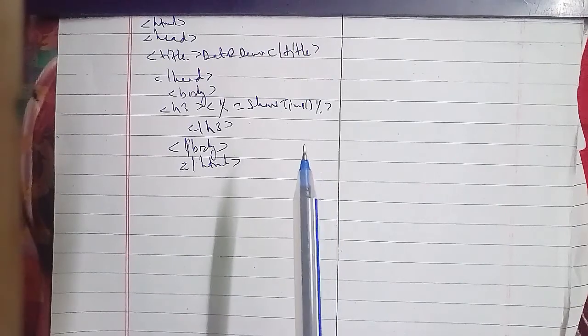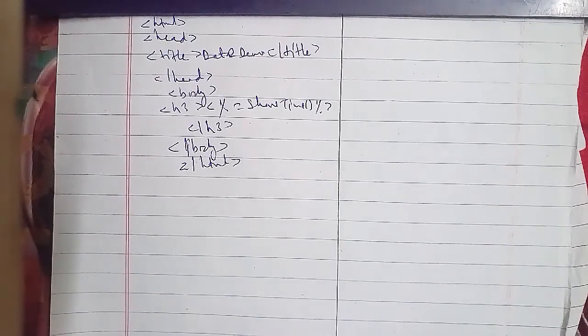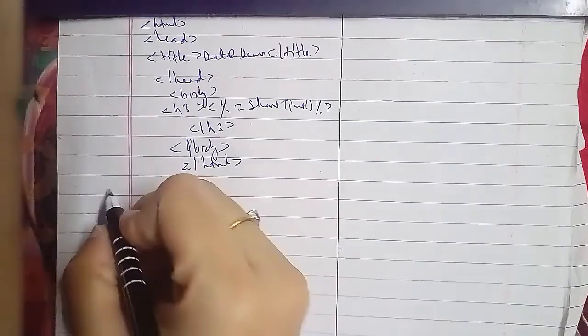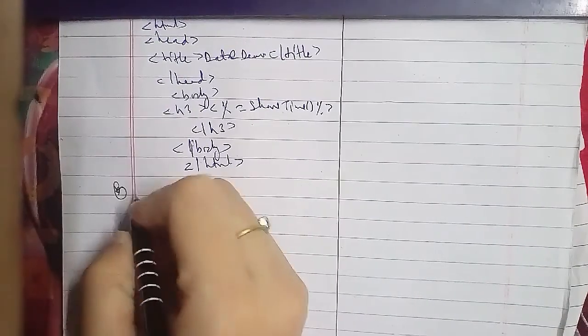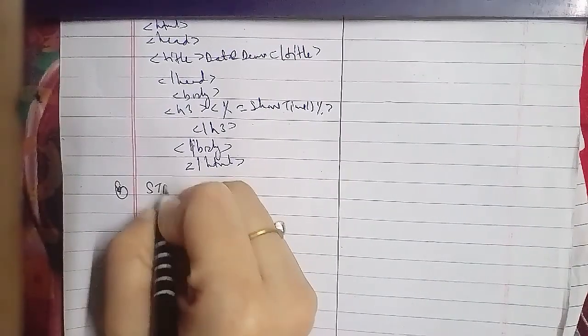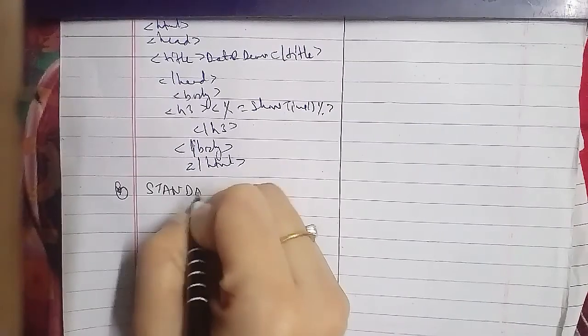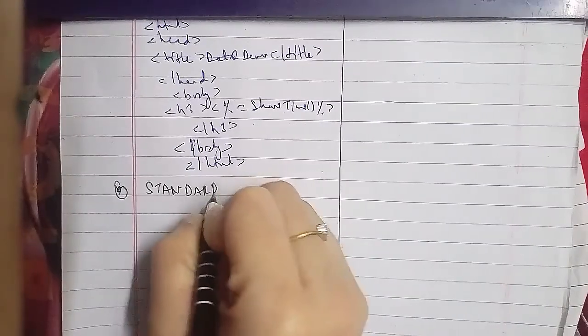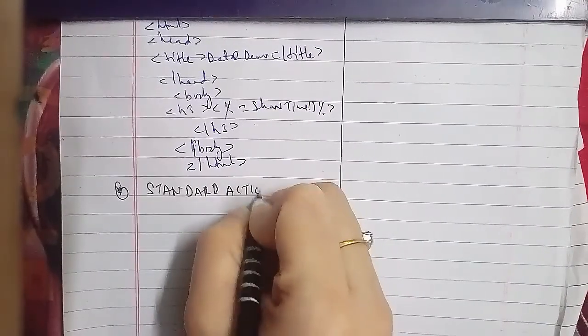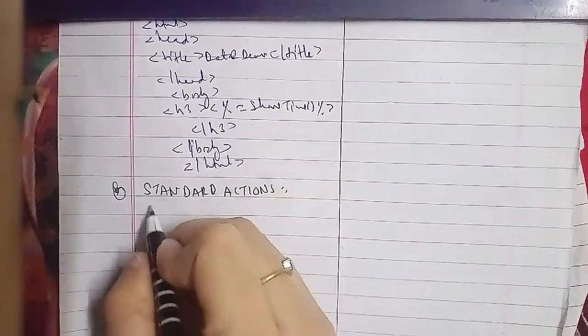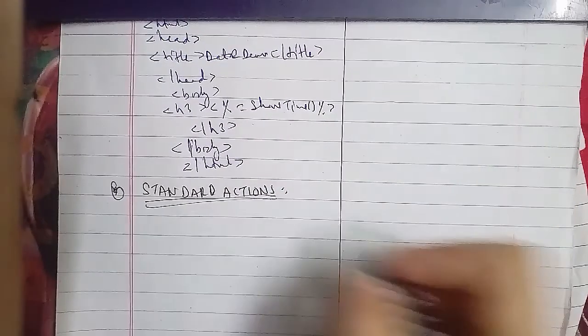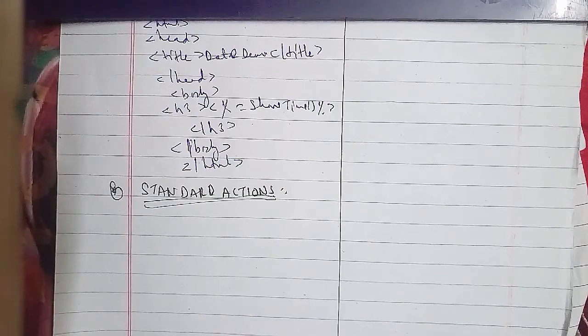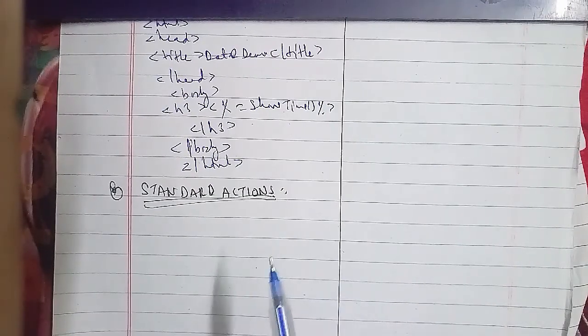This tag is used to instantiate the object of the Java bean. The second we have is jsp:setProperty, and this tag is used to set the property value for the Java bean. And the third one we have is jsp:getProperty.